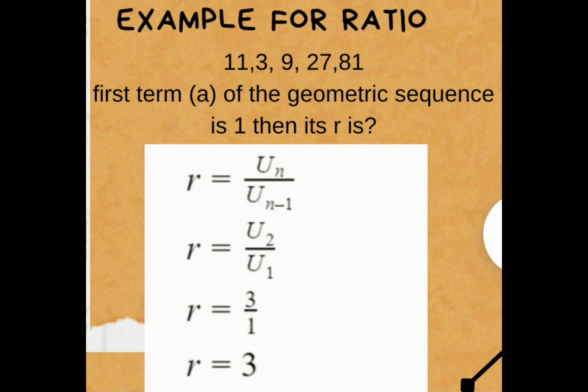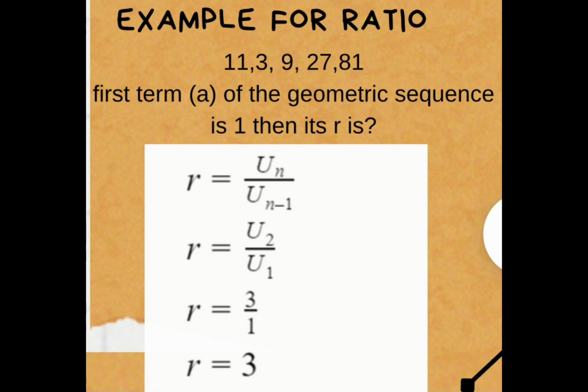So the formula for r is equal to Un divided by Un minus 1. So r is equal to U2, where n we replace and find 2.